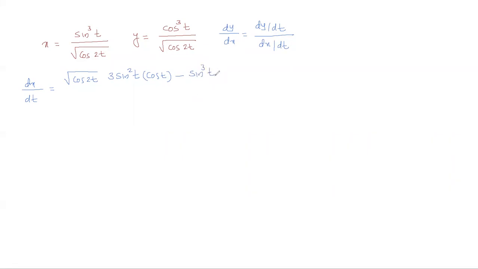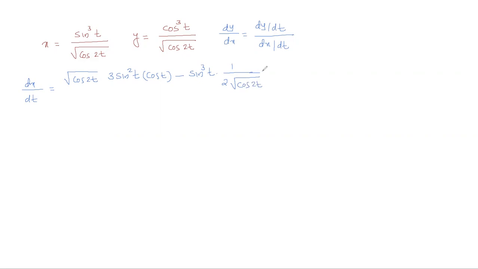into derivative of denominator. So the denominator is of the form root x. The derivative of root x is 1 by 2 root x. So it is 1 by 2 root cos 2t.